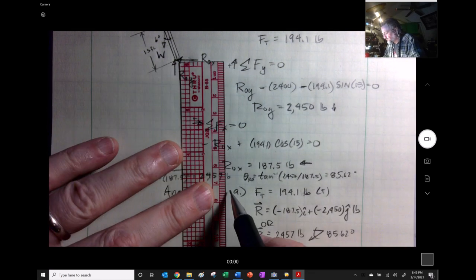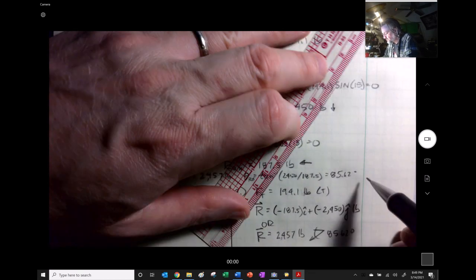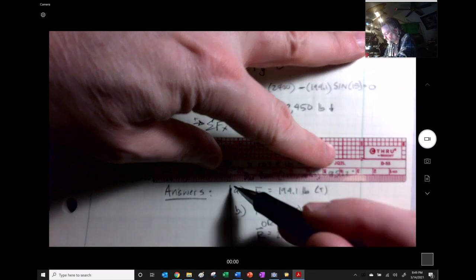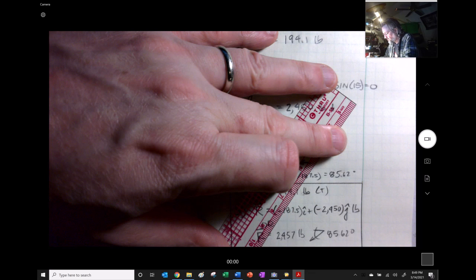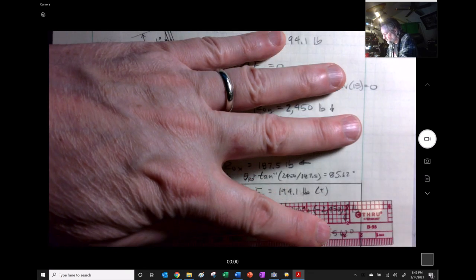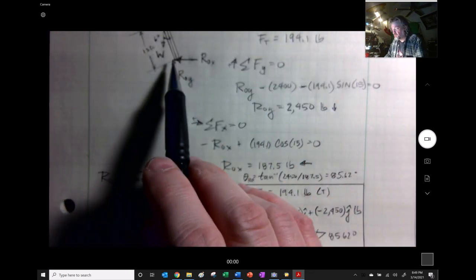So either one of those is a totally acceptable answer for what's taking place right there at the notch where this thing is about to go tumbling down.